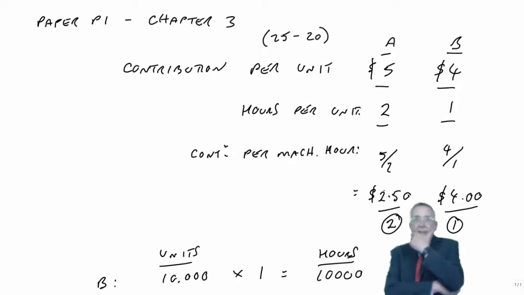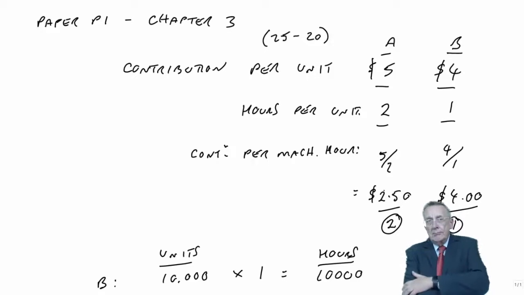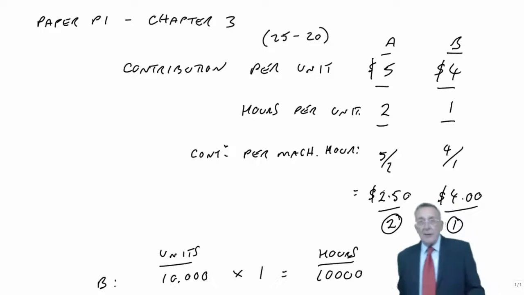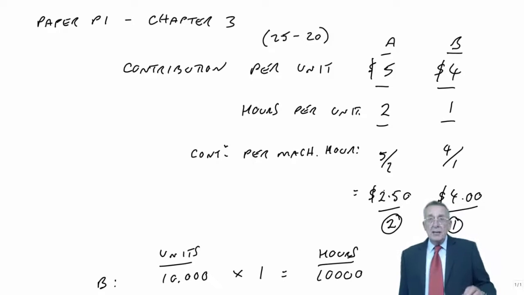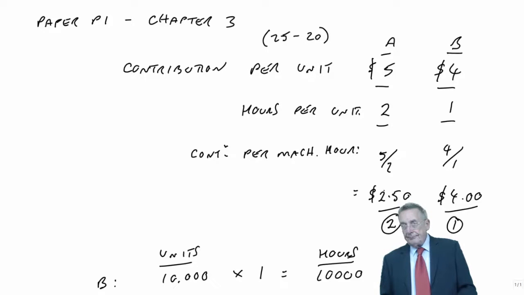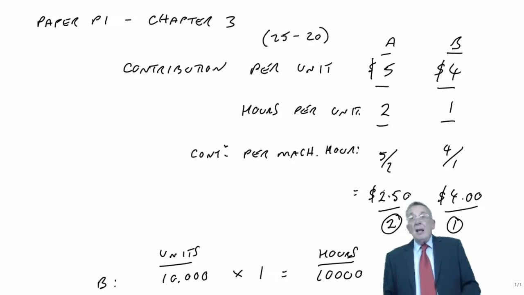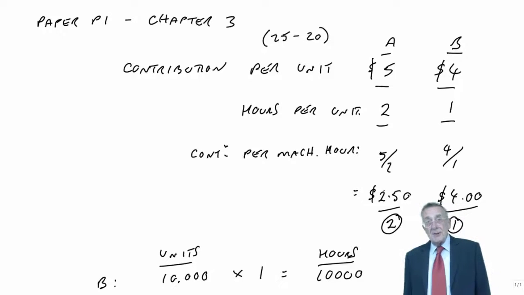But think about it in real life. In the short term, perhaps over the next month or next week, if we produce fewer units and sell fewer units, obviously less revenue. If we produce fewer units, there'll be less material costs.